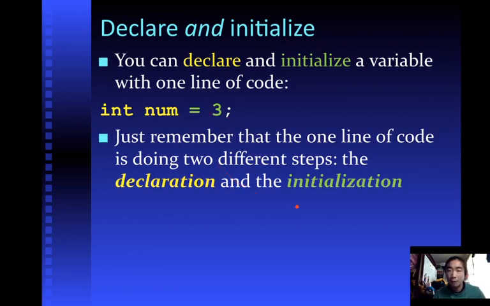These are 2 vocabulary words you'll need to remember. You can do both at the same time. Begs the question, can you initialize and then declare the same variable? The answer is no, because if you refer to a variable that hasn't been declared yet, it tells you, what are you referring to? I don't know what that is.